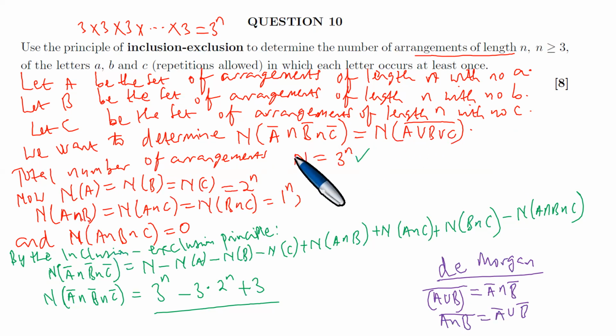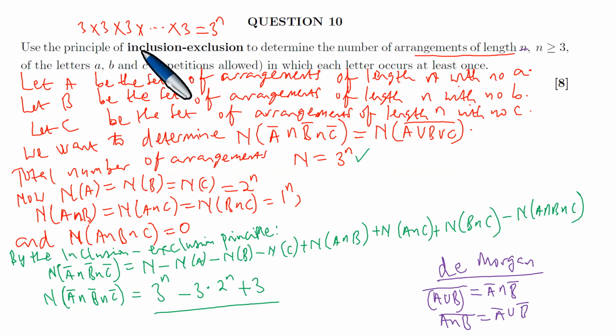The total number of the arrangements for all these: in how many ways can you arrange the letters A, B, and C? Because you are looking at arrangements of length n, where n is greater than or equal to 3. How many letters are there? There are 3, so the first letter is chosen in 3 ways.